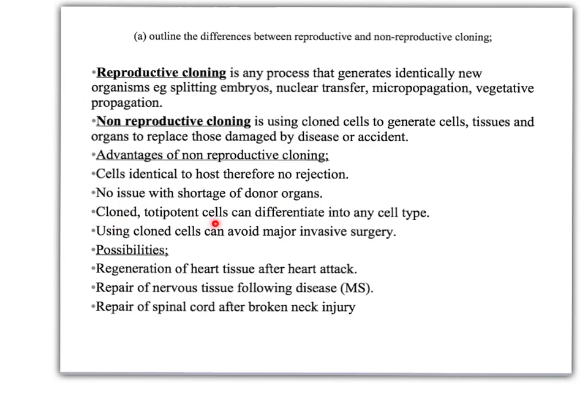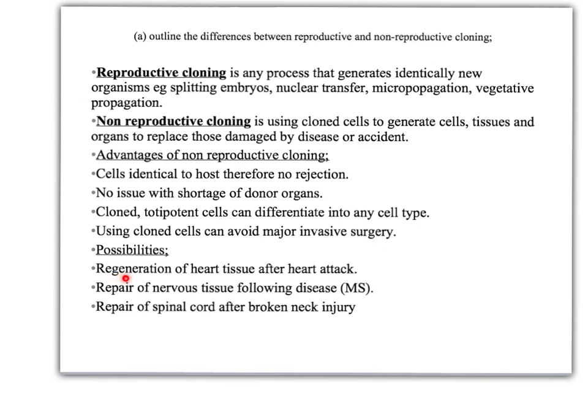Cloned totipotent cells can differentiate into any type of cell. Totipotent is a word that we learned in F215. A totipotent cell is a cell that can differentiate into any type of cell. Also, putting cells into structures to replace damaged or worn out structures avoids invasive surgery.